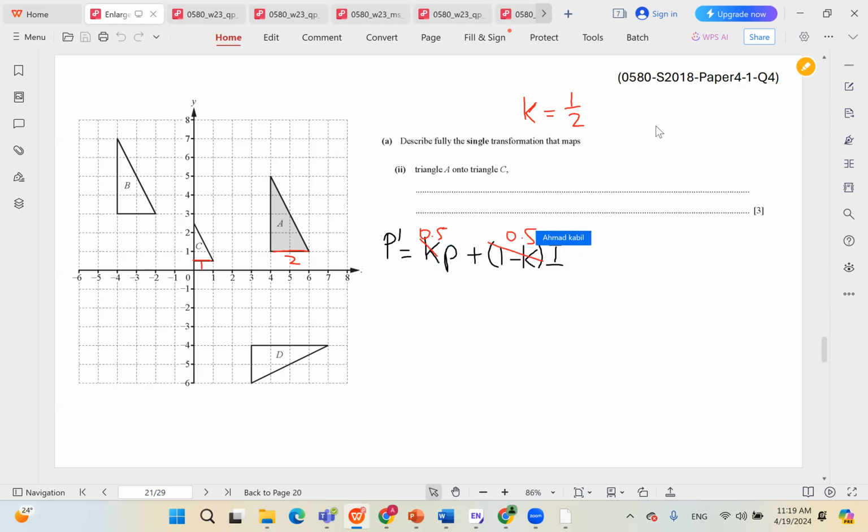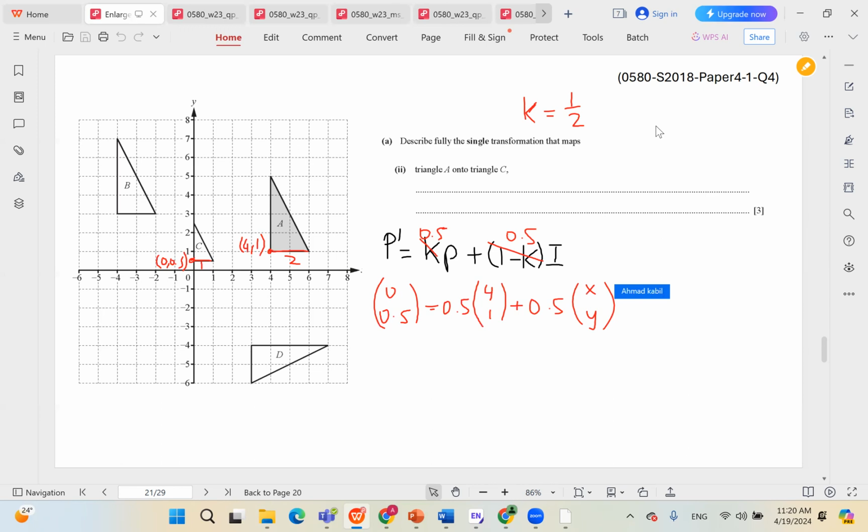Now let's take a point. Let's take, for example, this point here and this corresponding point here. So we have here 4, 1, and this here looks like it's 0 and 0.5. So this is our P dash. So 0, 0.5 equals 0.5 times 4, 1 plus 0.5 multiplied by I, which we don't know, so this is xy.